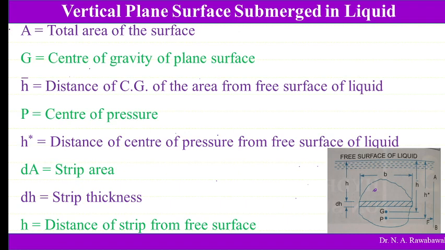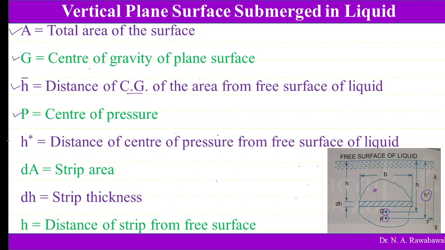G is the center of gravity of the plane surface, at a distance of h bar, which is the distance of the center of gravity of the area from the free surface of liquid. And P is the center of pressure, which is at a distance of h star from the free surface of liquid.